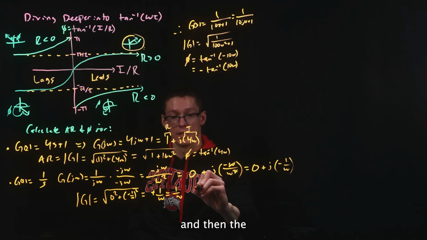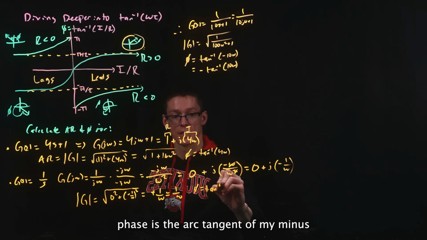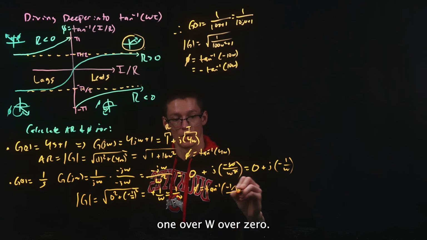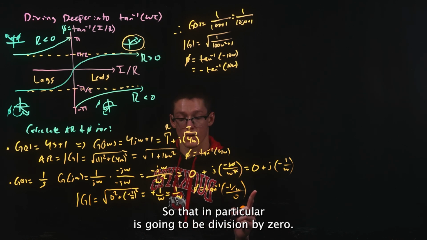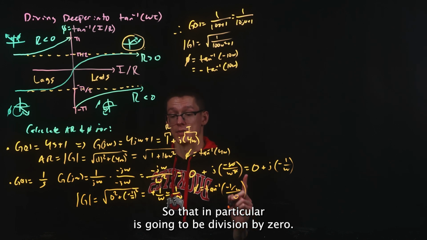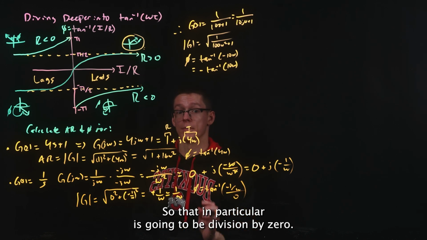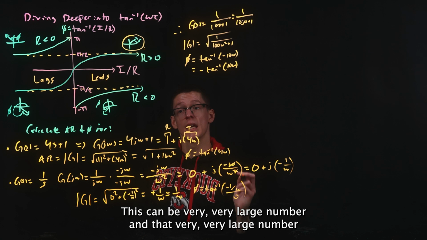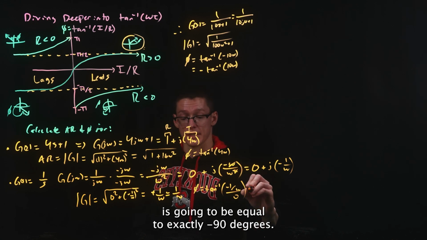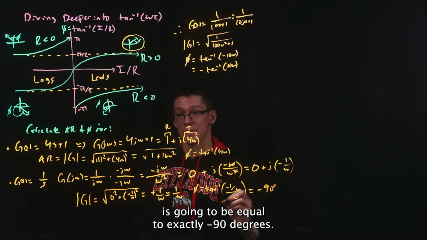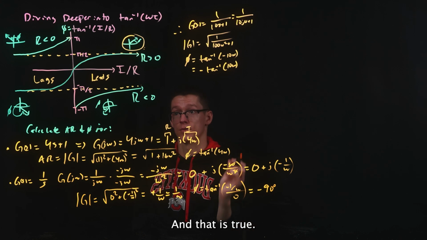And then the phase is the arctangent of minus 1 over w over 0. That, in particular, is going to be division by 0. That's going to be a very, very large number, and that very, very large number is going to be equal to exactly minus 90 degrees, and that is true.